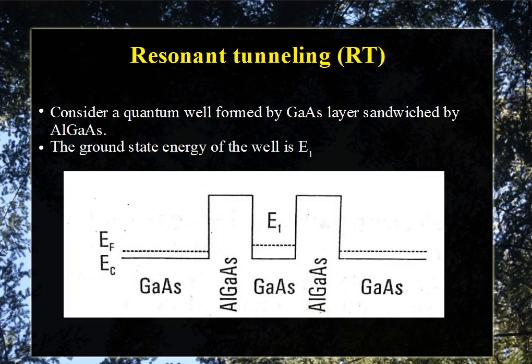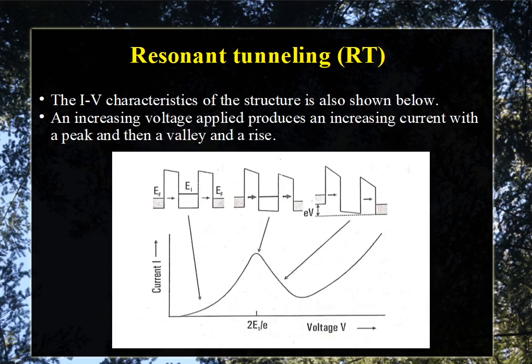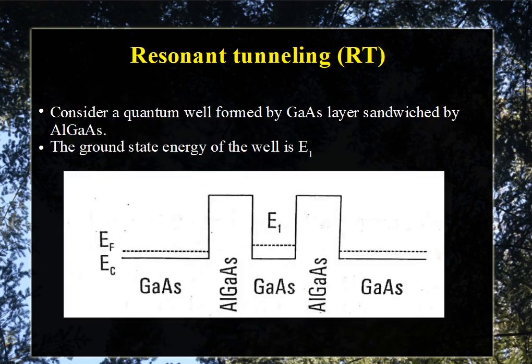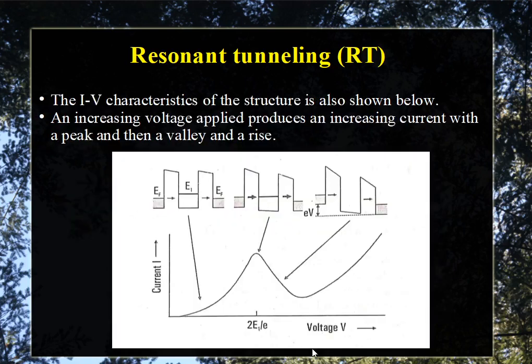Now we can look into the IV characteristics of the resonant tunneling effect. Consider you are applying an external electric field between these two leads, left and right. Here I have plotted an IV graph, a voltage versus current graph.